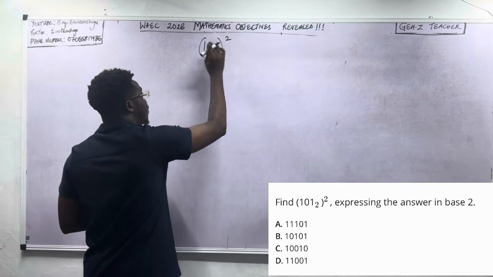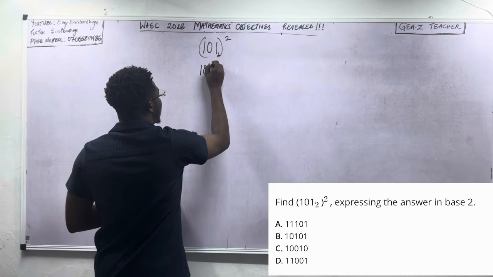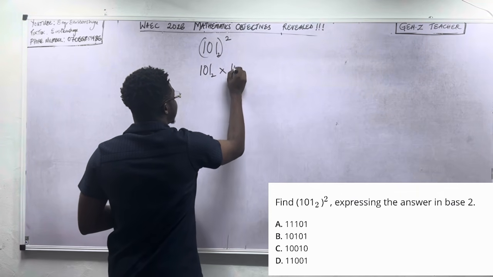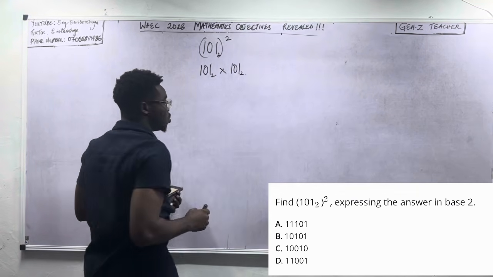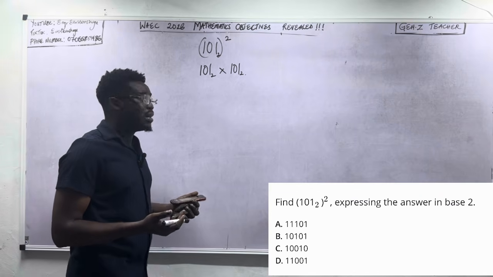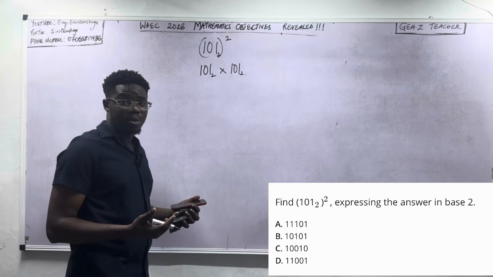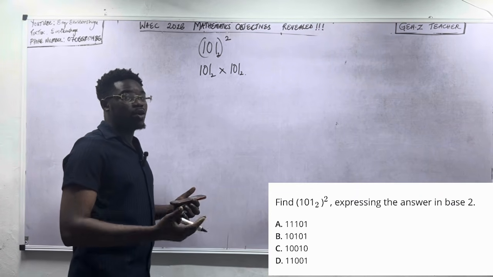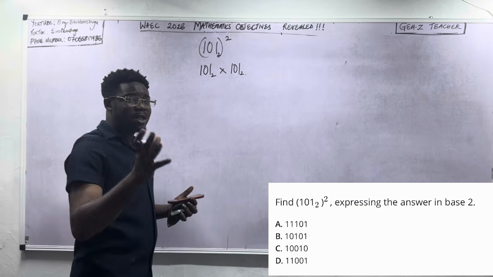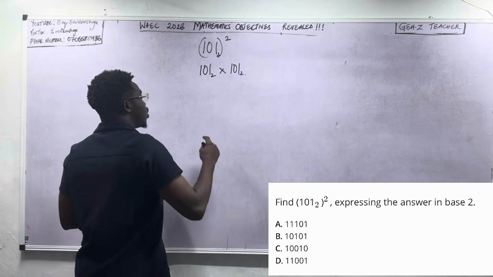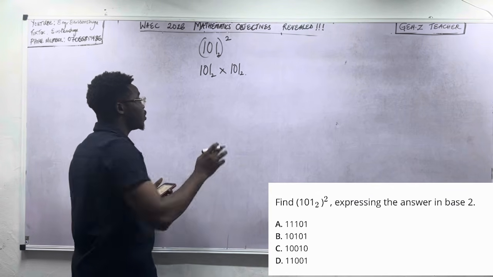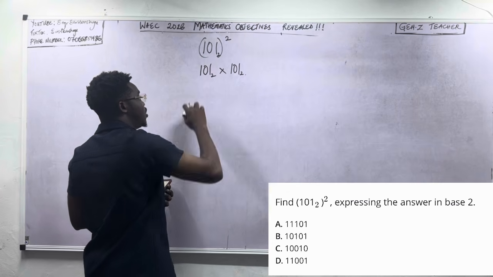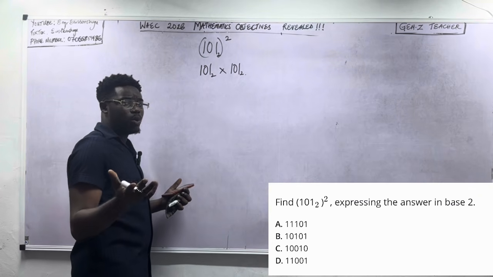Since it is a square term, it means we're going to be having 101 in base 2 times 101 in base 2. Quickly, we can easily convert the values to a base 10 number, multiply, and then convert back to base 2 in split seconds. Now your normal conventional way is to have 0, 1, 2 here, but we can skip that. Let's try a new pattern.